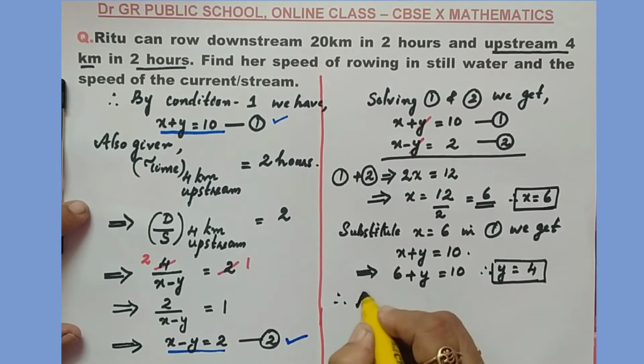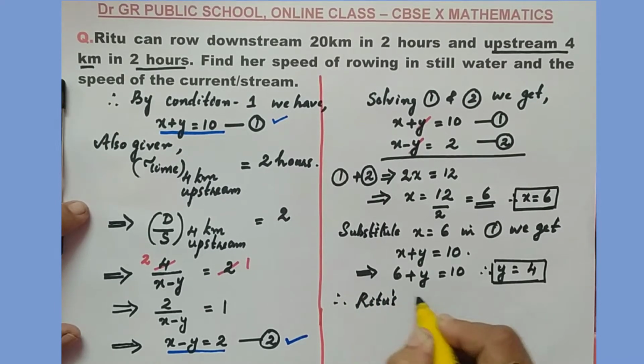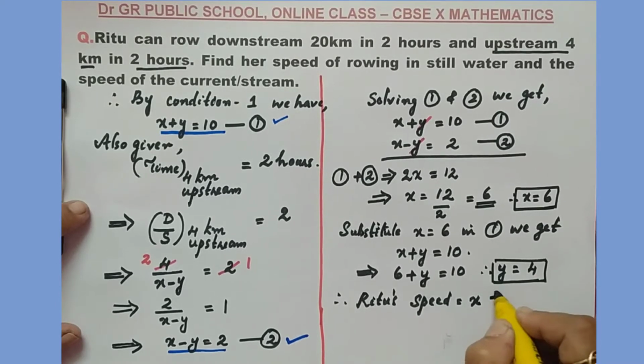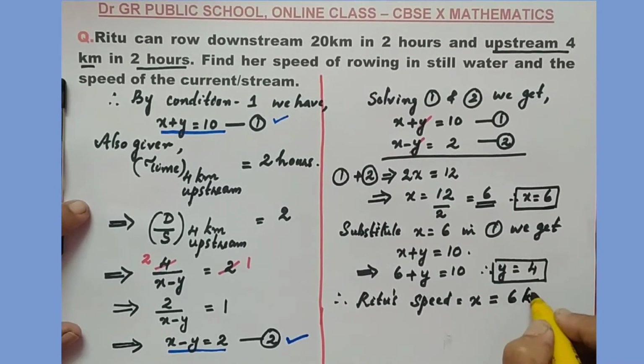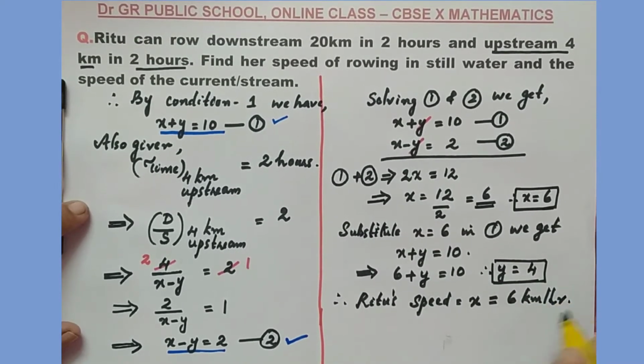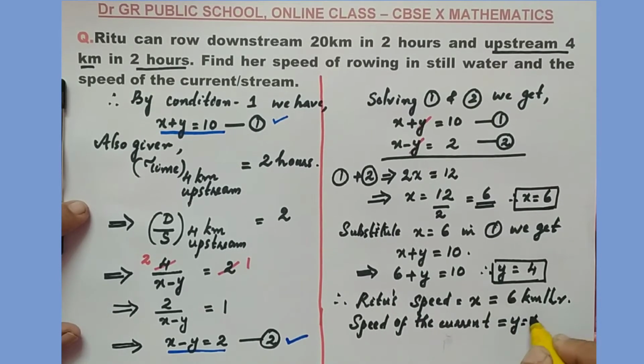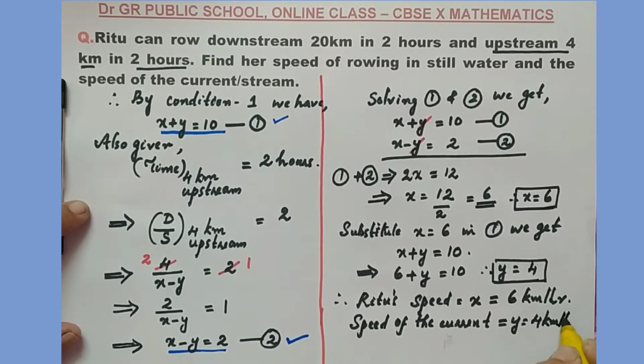Therefore, Ritu's speed, which we took as x, is 6 kilometer per hour, and the speed of the current, which we took as y, is 4 kilometer per hour.